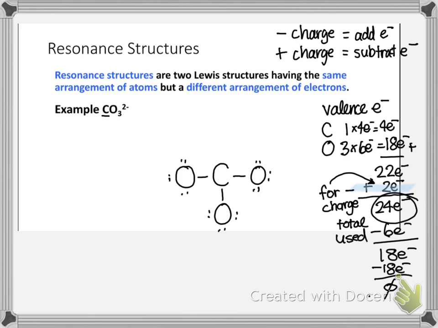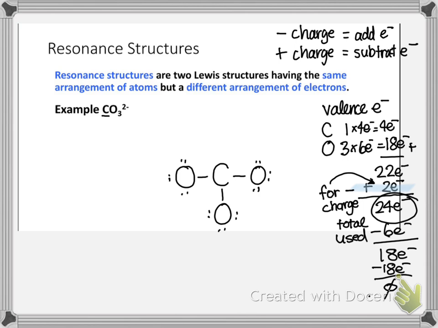These would all be equal to each other. Sometimes resonance structures are not equal to each other. They'll actually look different from each other in terms of where the bonds are, like the doubles. But in this case, they would all be equal.